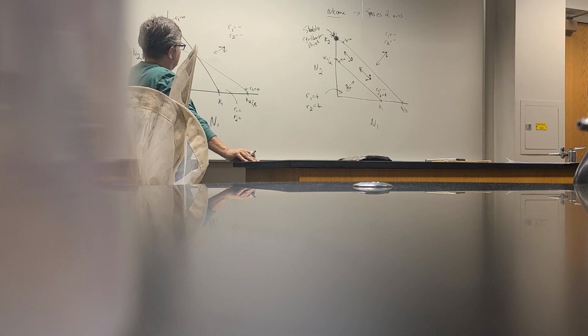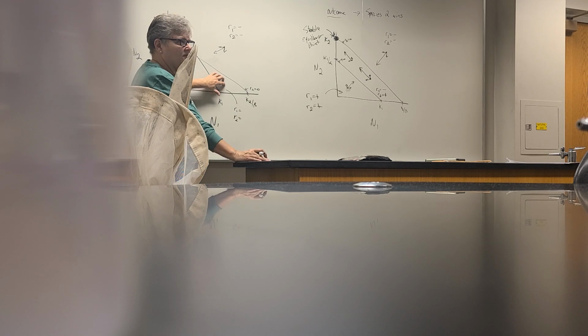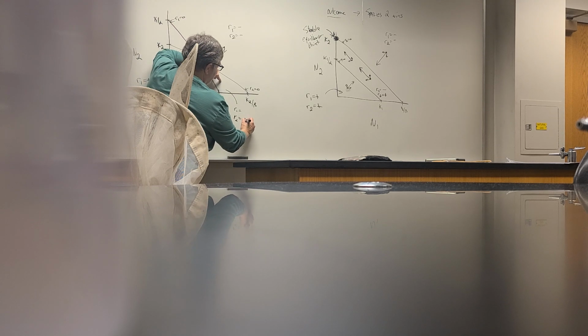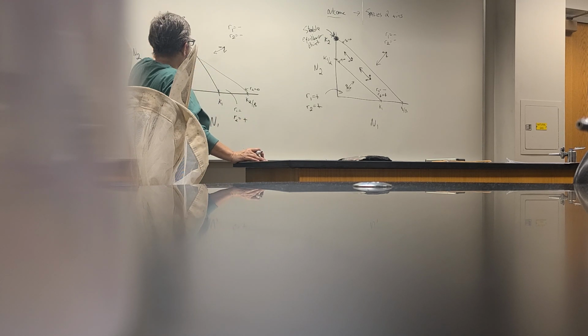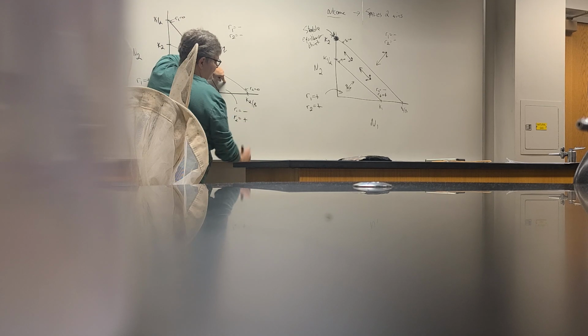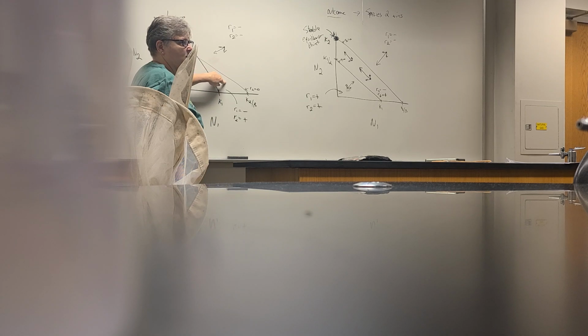Okay. Now let's look at this triangle and see what's happening. Here's our R2 line. It's the top line. In this triangle, we are below it. And so R2 is positive. Here's our R1 line. We are above it. And so R1 is negative. Okay?